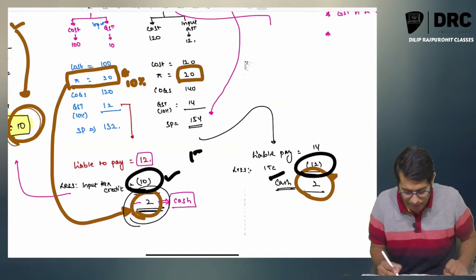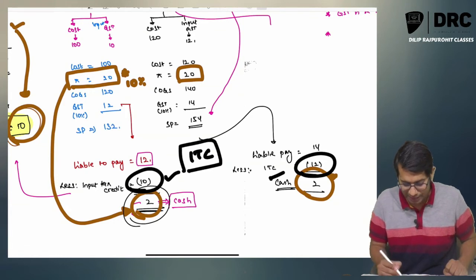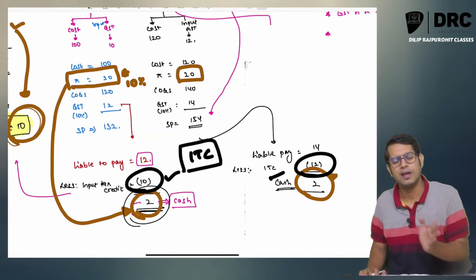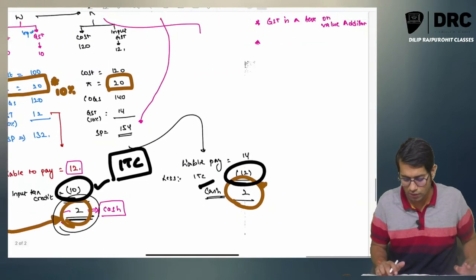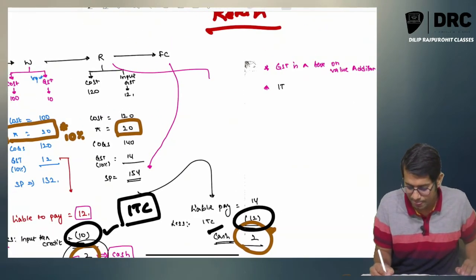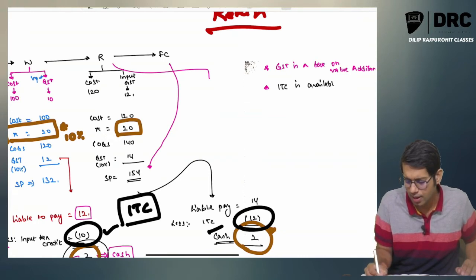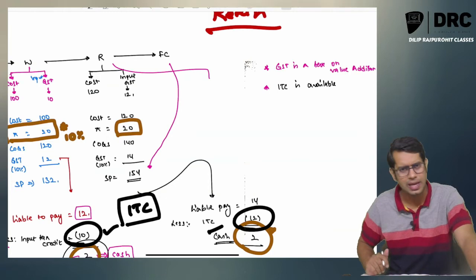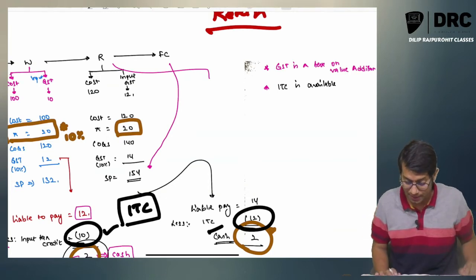So what is happening under GST law? There is input tax credit available at each stage of the supply chain. So there is a continuous chain of input tax credit. ITC is available under each and every stage of the supply chain.